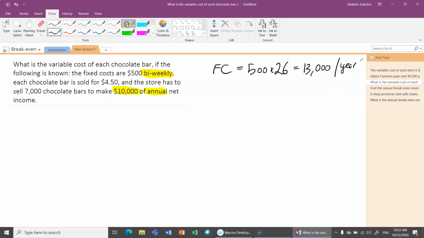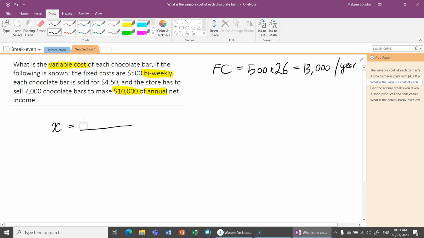In this problem, we don't know the variable cost, so we need to find the variable cost. Let's build that relationship. So we sell 7,000 chocolate bars. Let me remind you the relationship that we're talking about here.